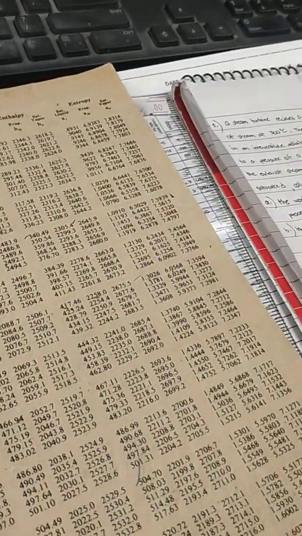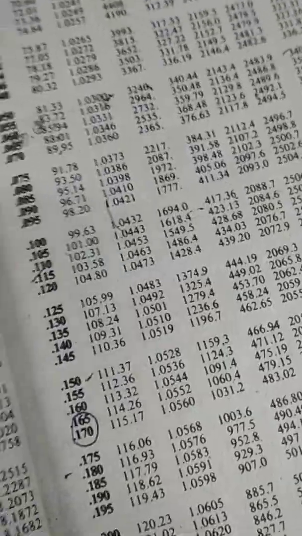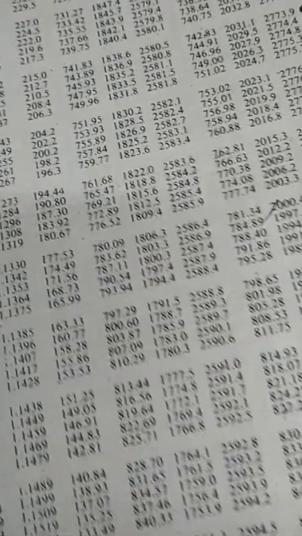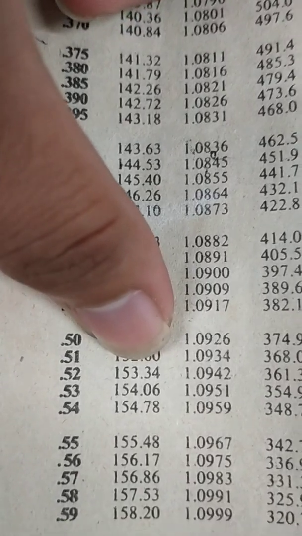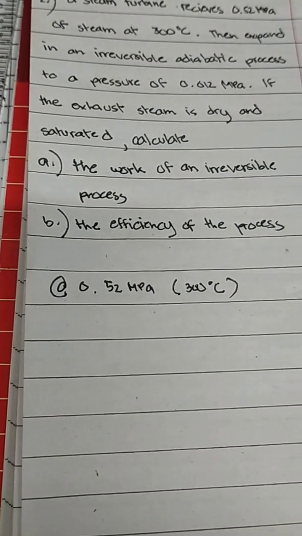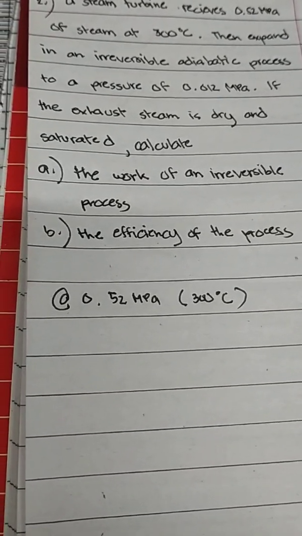So we will look at table 1 for the equivalent of 0.52. The equivalent saturation temperature is 153.34 degrees Celsius. But our given temperature is 300 degrees Celsius, so it is greater. Therefore, it is considered as a superheated steam.